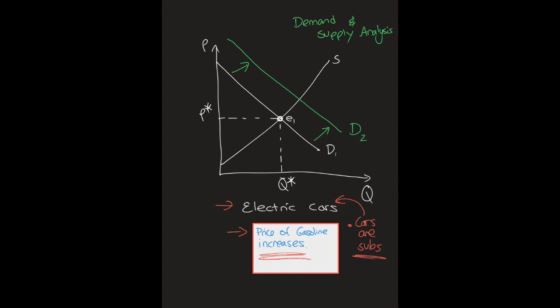Now, what's happening in terms of the price and quantity? Well, at that original price at P1, what we have in this market is basically a shortage, where quantity supplied is actually less than quantity demanded. And recall that to fix a shortage, the price has to increase.